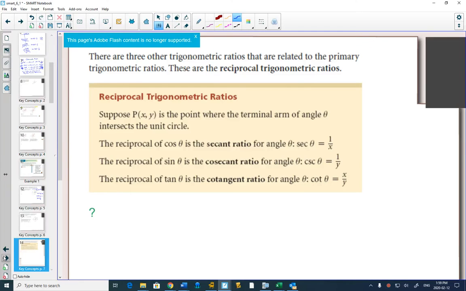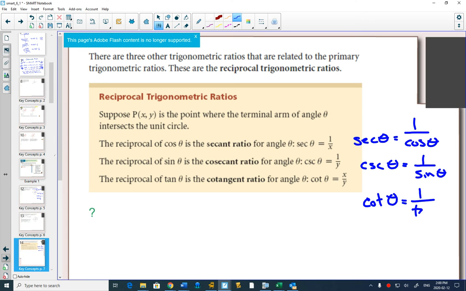So off to the side here, I'm going to get you to write secant theta equals 1 over cos theta. And cosecant theta is equal to 1 over sine theta, and cotangent theta is 1 over tan theta.